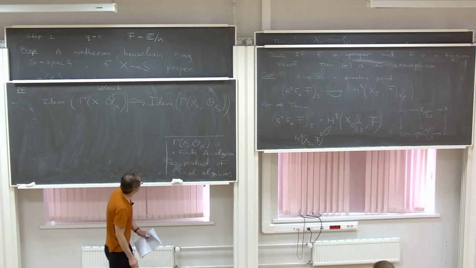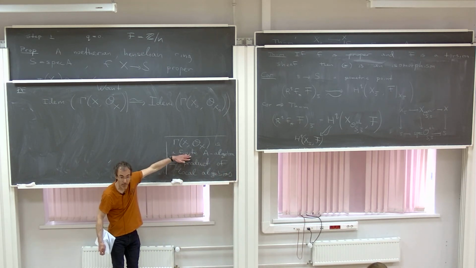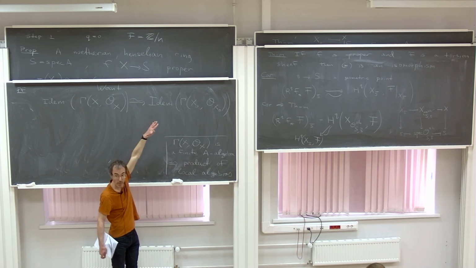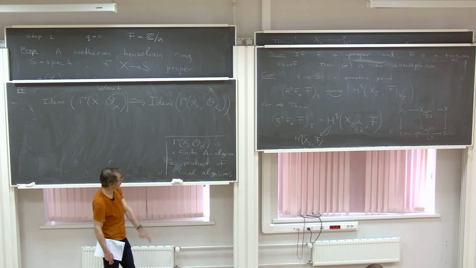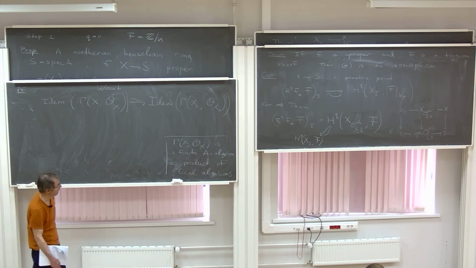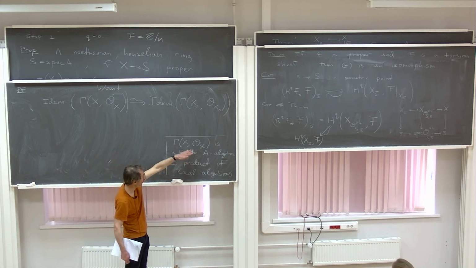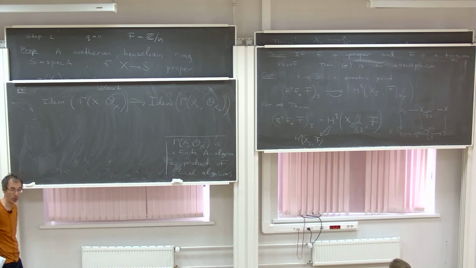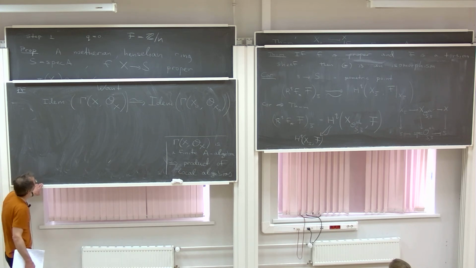Because A is Henselian, and it's finite because the map is proper and finite. One of the definitions of a Henselian ring was that any finite algebra over a Henselian ring is a product of local algebras.